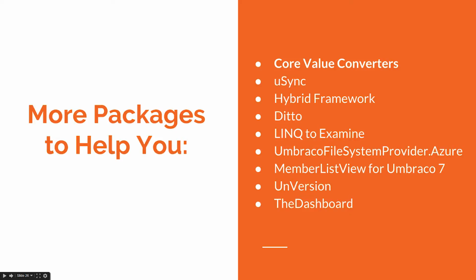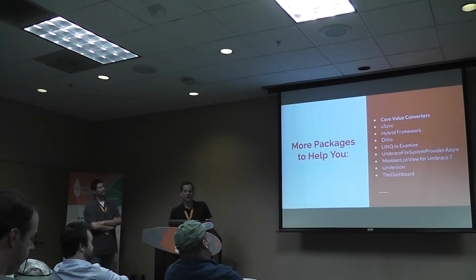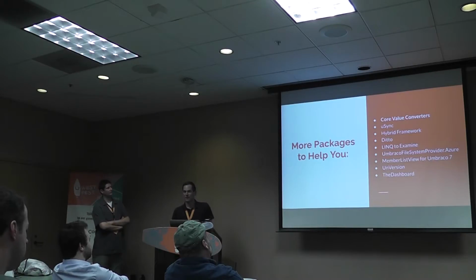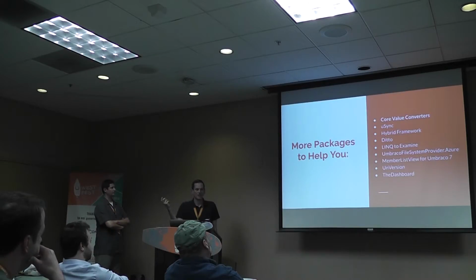Some other ones that were mentioned or we like as well. So highlighted there, Core Value Converters. You guys know about Core Value Converters, that package? Basically it adds type converters for when you're building your views, so that it gets it into, say, a list of IPublishedContent, and a lot of packages will have their own type converters too, but definitely check it out.